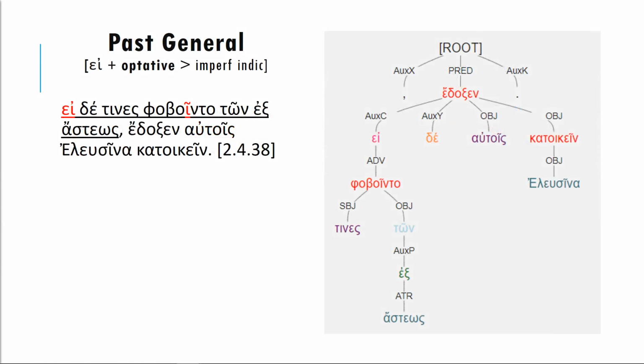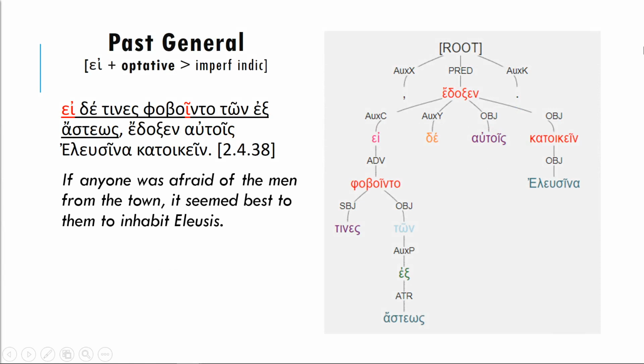In the past, we get the same kind of thing. The main sentence is, it seemed best to them to inhabit Eleusis. Sorry, that should be the subject. To inhabit Eleusis seemed best to them. So that should be the subject.